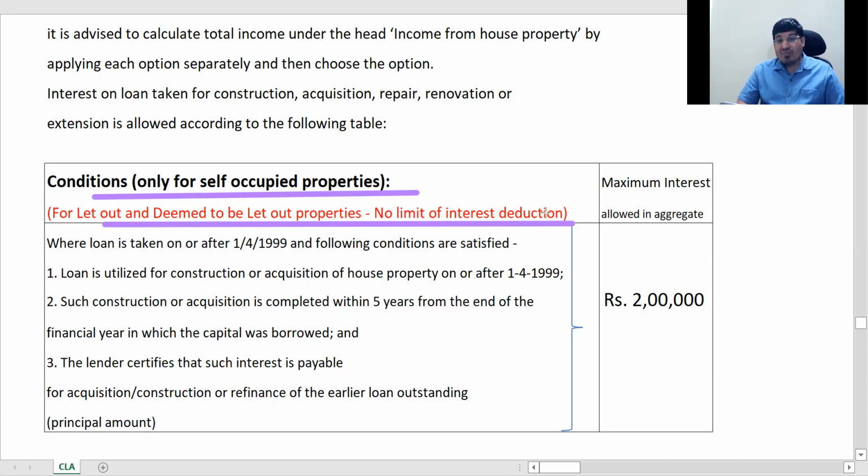And self-occupied, the government has no benefit. Ulta, like your 2 lakhs will become minus 2 lakhs and it will hit their revenue. Okay, so which is why for self-occupied you have these limits. For other properties, wherever the government is getting some revenue, it will allow your interest. Whatever interest you are actually paying, it will allow it. ठीक है, ये याद रखना है.